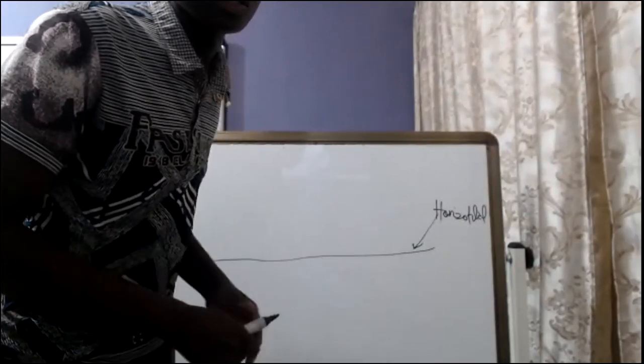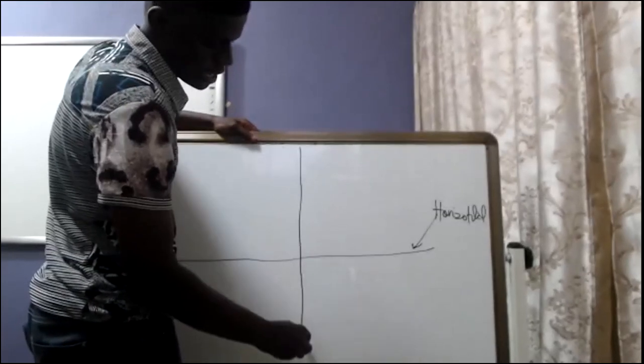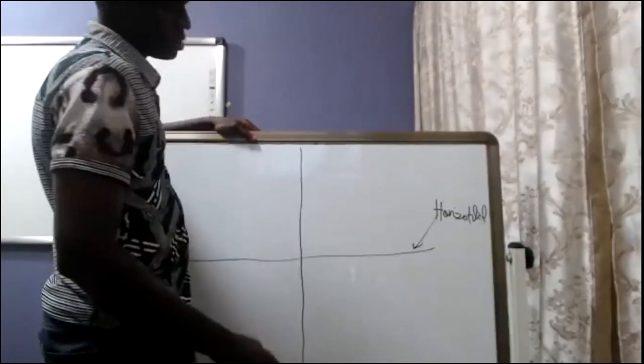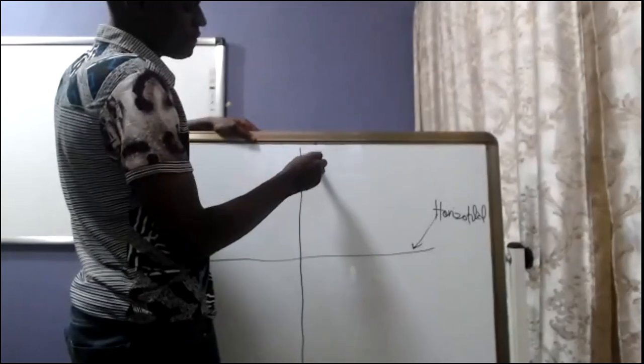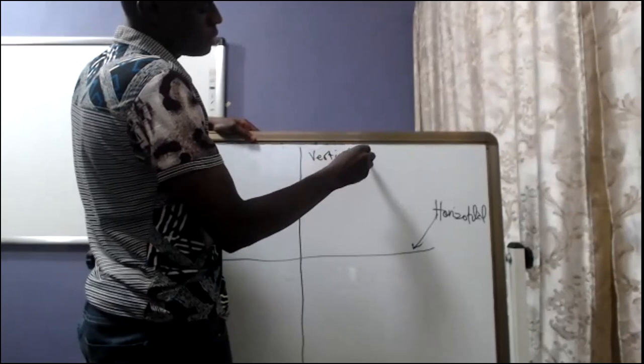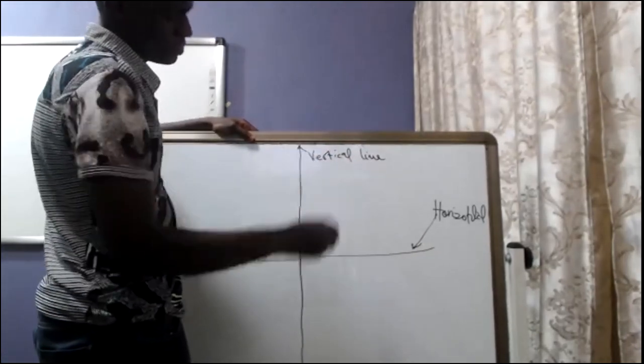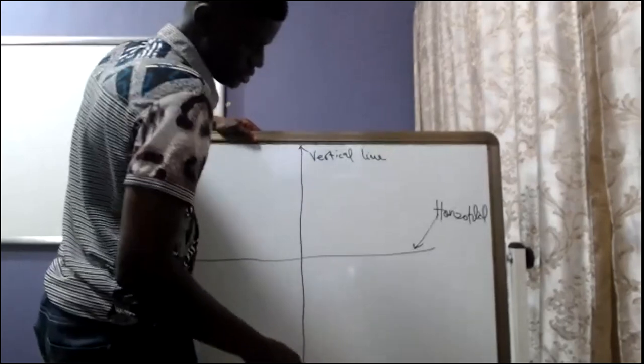Yes. Okay. So after the horizontal line, we have another line that goes through the horizontal line. Okay, this is called the vertical line. Do you remember? Right.